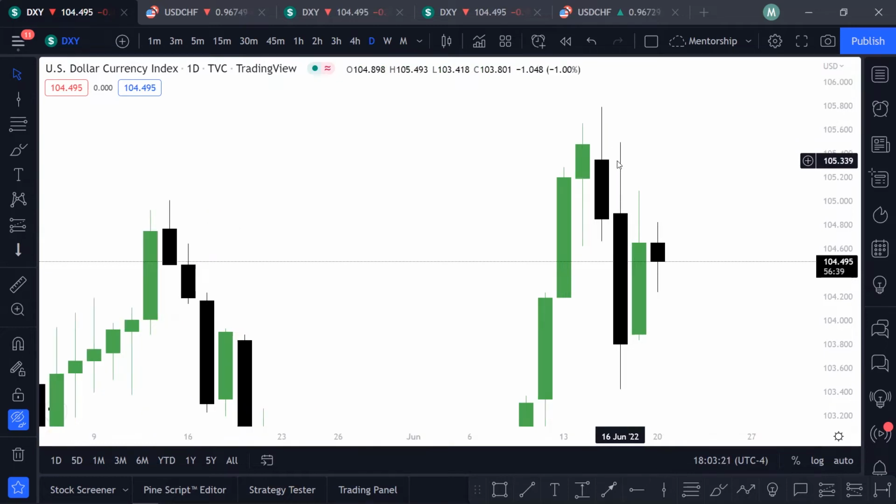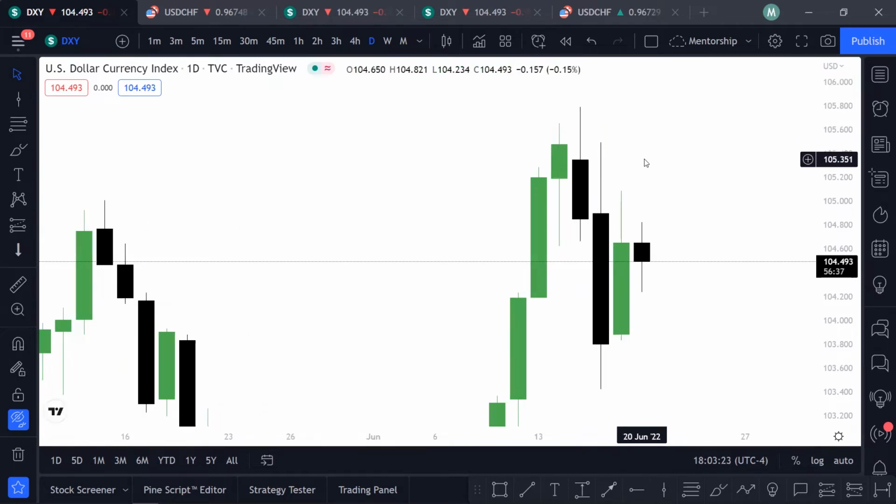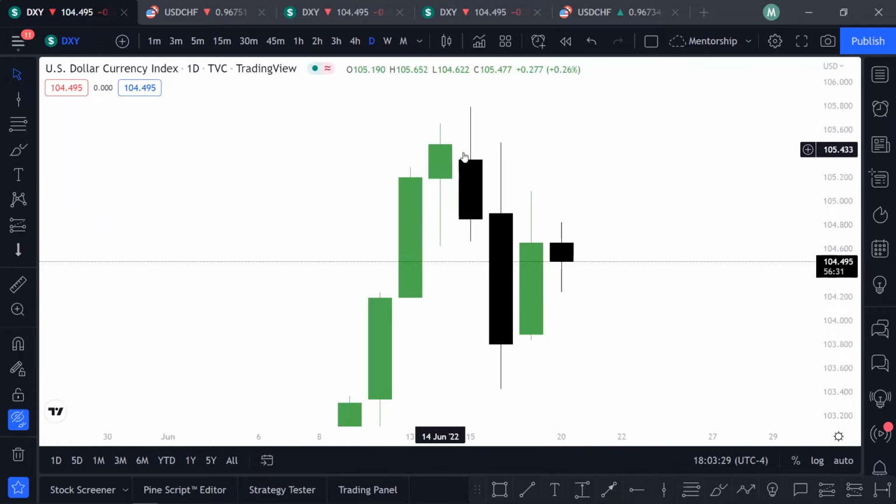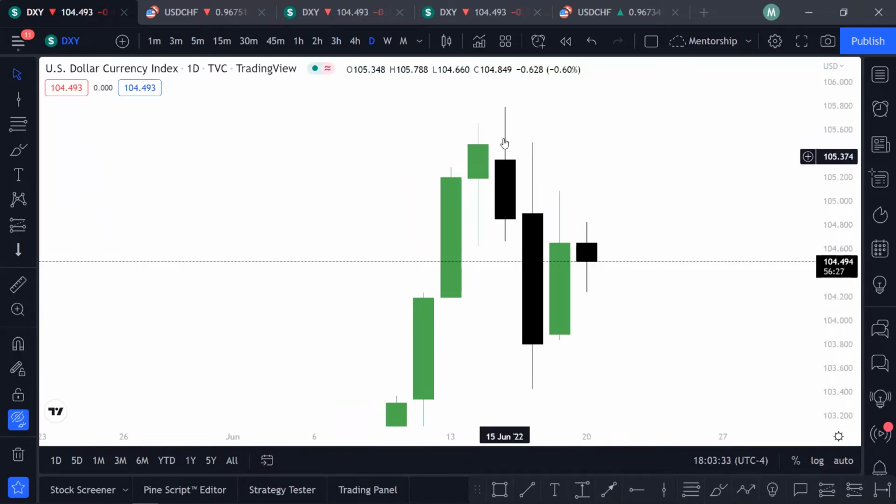This time I don't care about the wicks. I'm only talking about the price open and close. So it closed here. See where it opened. Once it opened here, it rallied. I don't care about the rally. All I care about is the price, the open and close.